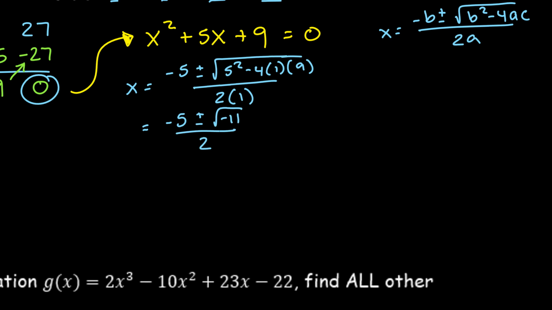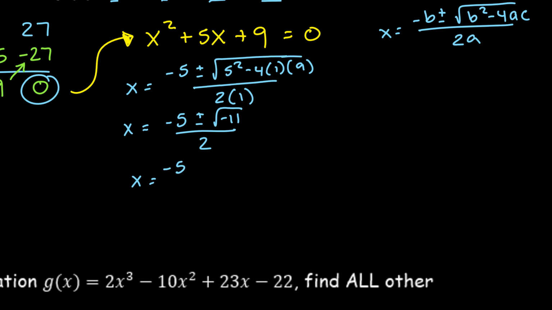So do you think that I am trying to plug this into my calculator to get a decimal? No, right? I'm just trying to simplify this as much as I can to get my root. So how can this be simplified more? There's one more thing you can do. You can pull an i out. Whenever you have a negative square root, pull the i out to replace the negative.